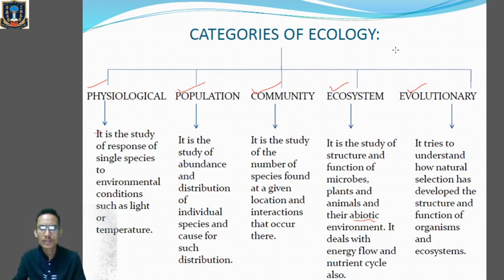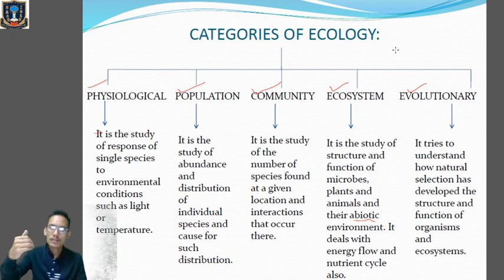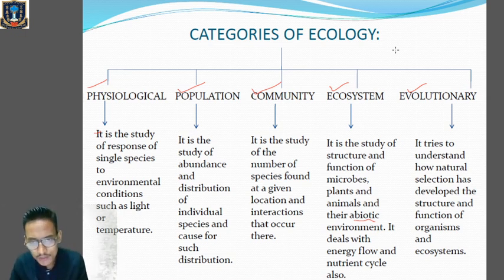Evolutionary means evolution, how the species has evolved by the role of natural selection, because nature plays an important role in the formation of a species. So how does natural selection help in the development of structures or in the functioning of organisms in an ecosystem? We are going to learn it under evolutionary ecology.